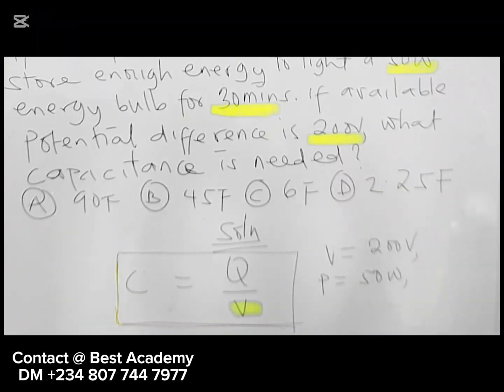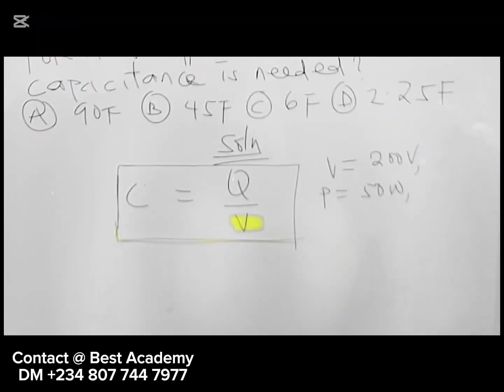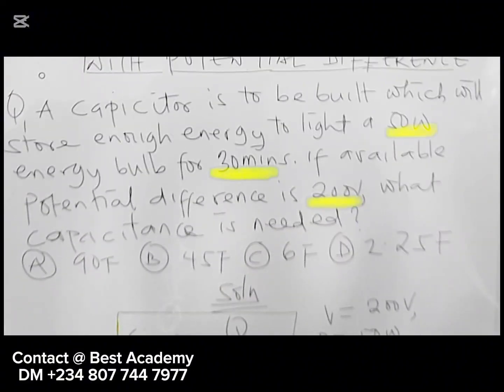T is given to us as 30 minutes. Converting to seconds is going to be 30 times 60, so I have this to be 1800 seconds.